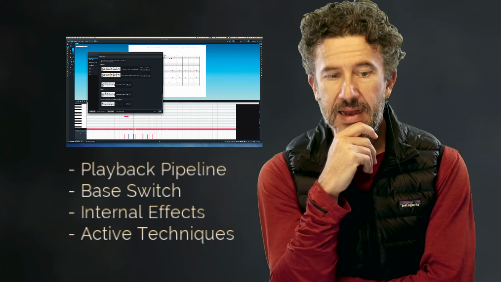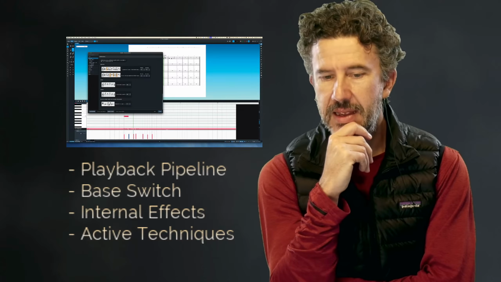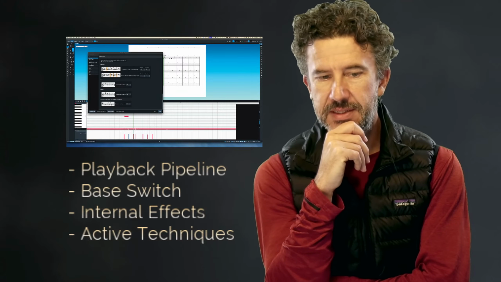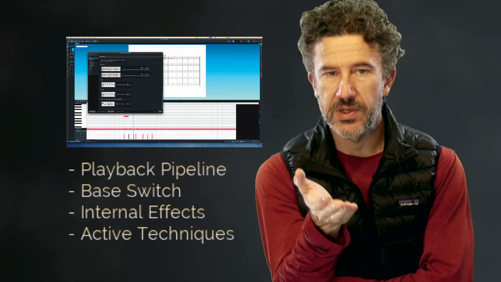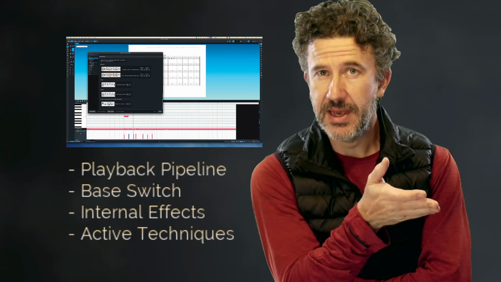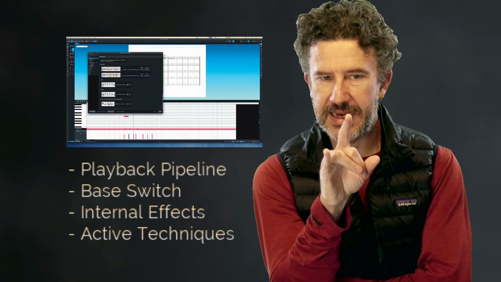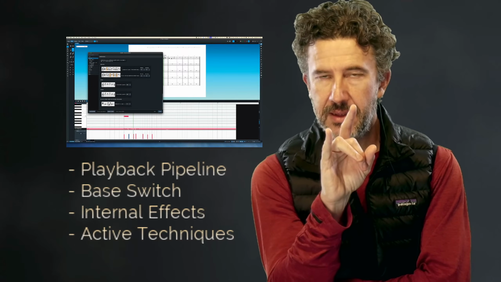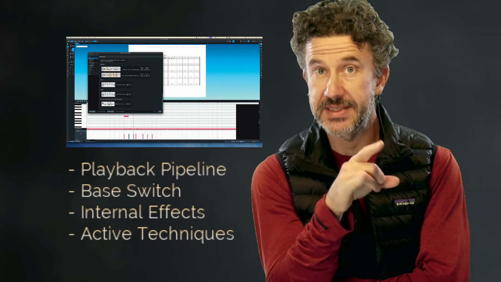I use it all the time once I understood what it was for. And the whole purpose here is to make sure that we have ways to backtrack what Dorico thinks that it should play back versus what it is playing back, and making sure that the active technique and the base switch, those two values, are synced up.